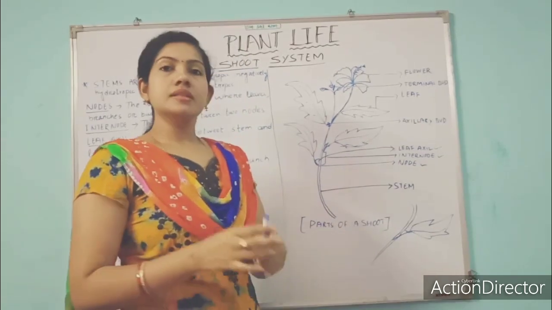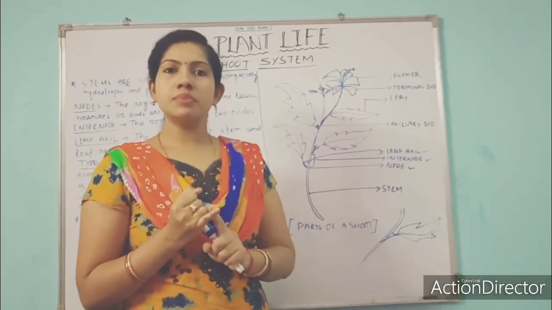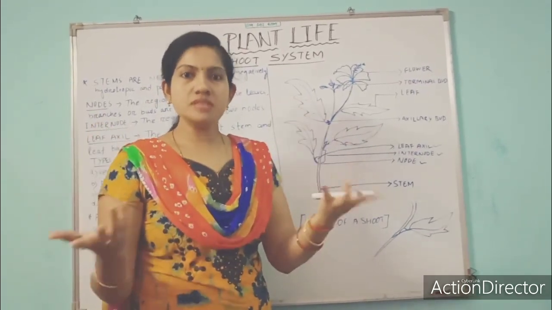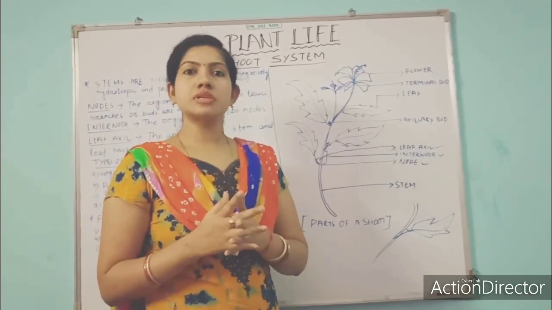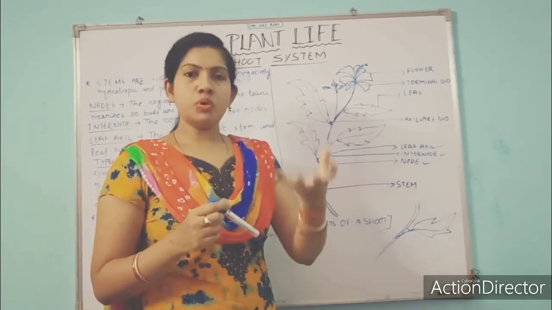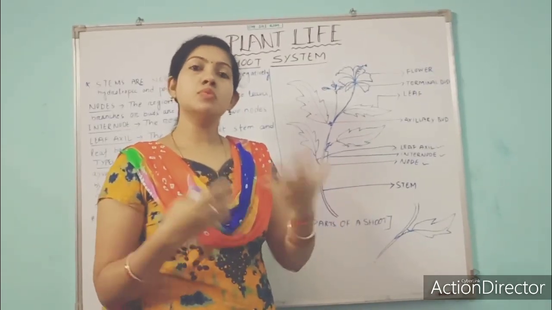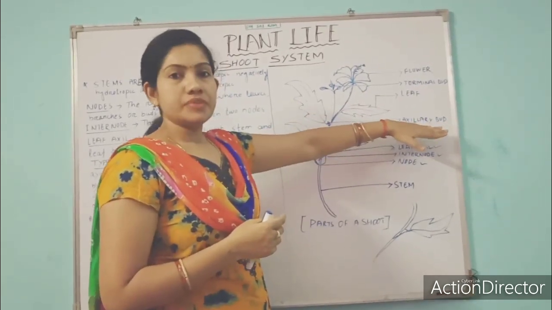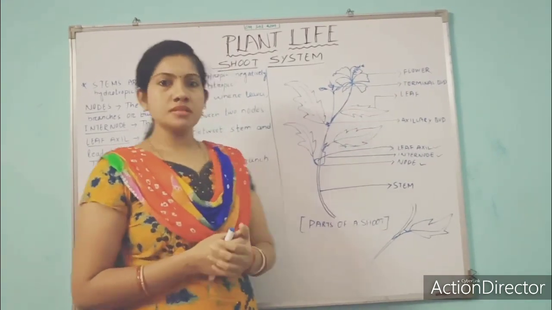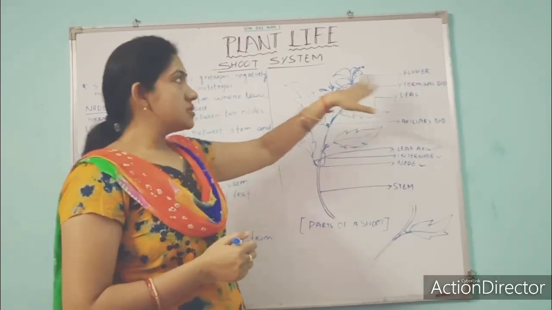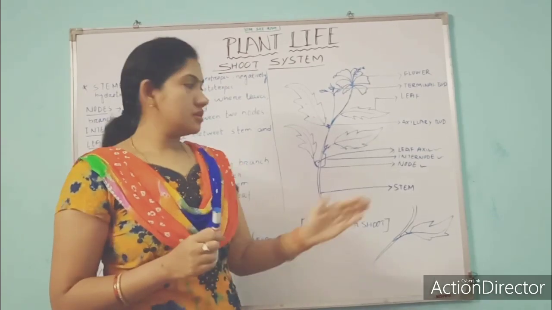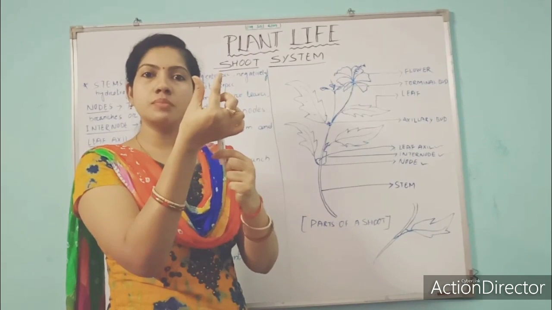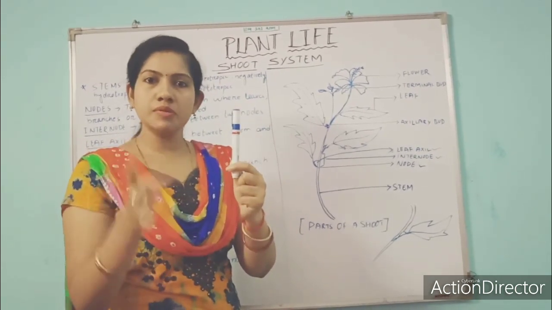Again I am repeating, there are two types of buds, vegetative bud and floral bud. Vegetative buds give rise to branches and floral buds give rise to flower. Both the vegetative bud and floral bud may be positioned in the plant as terminal or axillary. So what are the terminal buds? Terminal buds are the buds which are present at the top of the stem. Suppose this is a stem, then here if it gives rise to a bud, that may be floral or that may be vegetative.